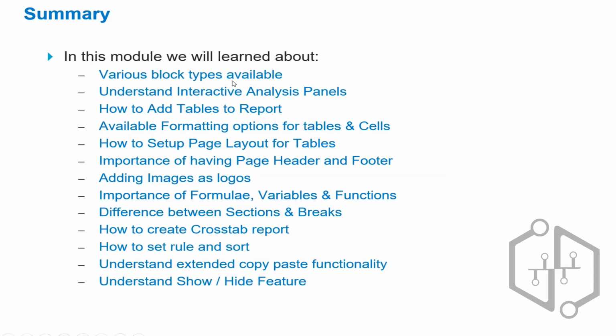These are the topics that we have covered: various block types, to understand the panels in Launchpad, how we can add tables into reports, the available formatting options for tables and cells, how we can set up page layout for tables, header and footer, how we can add images as logos, how we can create formulas and variables, the difference between sections and breaks, how we can create a cross-tab report, how we can set a rule for conditional formatting, how we can sort, the extended copy paste functionality, and the show hide feature. These are all the topics that we have covered under this module.